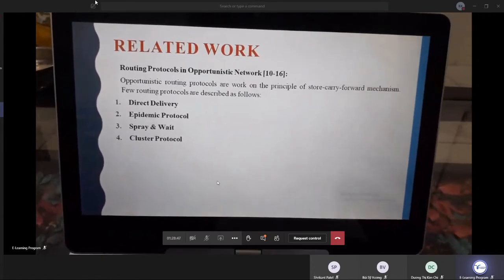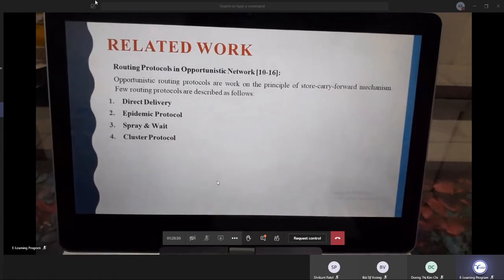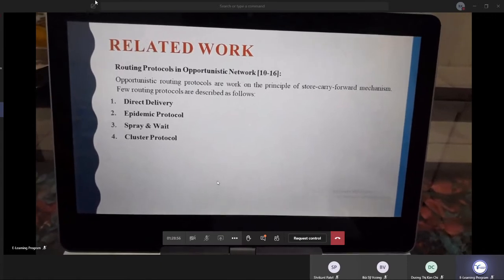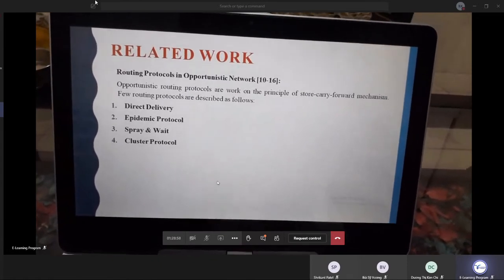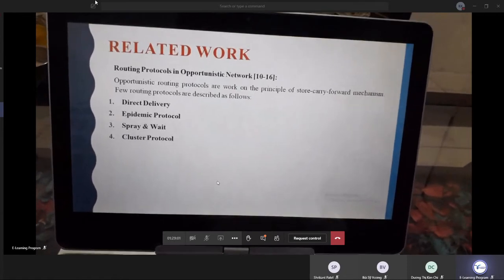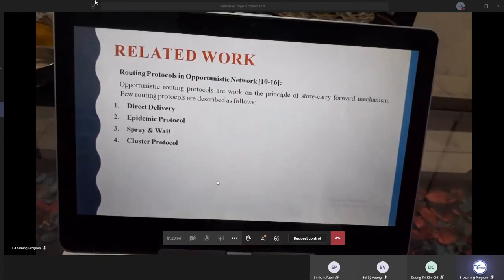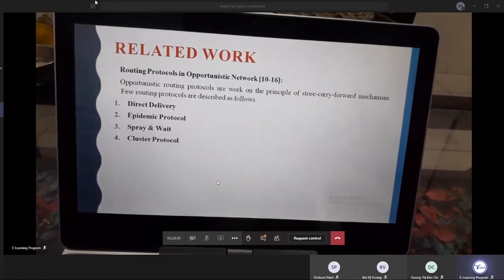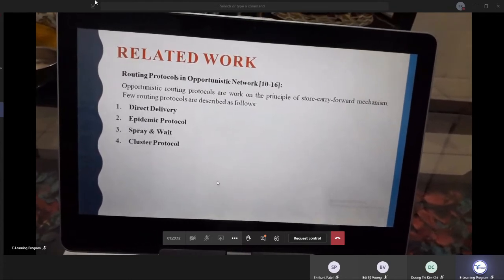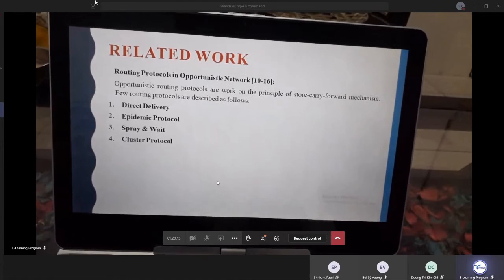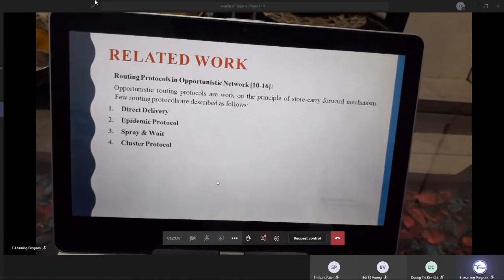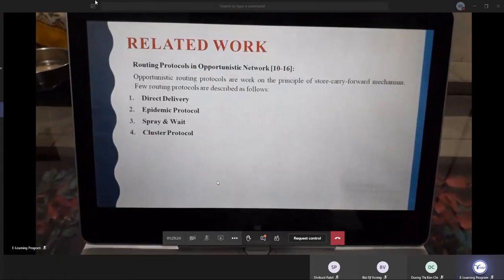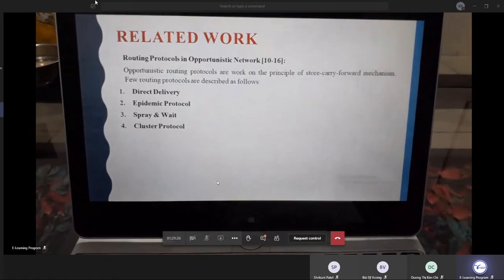In the first phase, n message packets are disseminated by the sender node to n mobile nodes in the network. These n nodes that received the message keep the message packet in their buffer. In the second phase, a mobile node carries the message with itself until it finds the destination node in its communication range. The last protocol is cluster protocol.